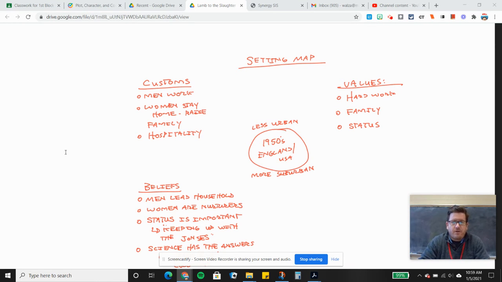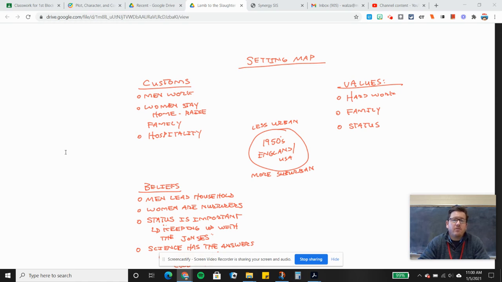So setting maps are a graphic organizer that we're going to use before we read a short story to kind of give ourselves some context. Now, when you read a short story just flat, like you haven't studied the author or what time period the story was written in, sometimes you don't get the right vibe about the story. You might think, well, I don't really understand what's going on.